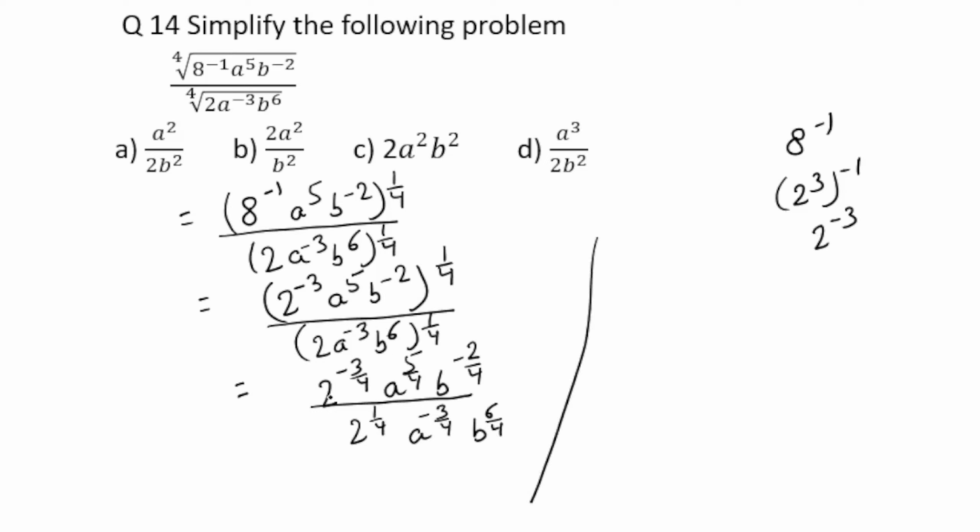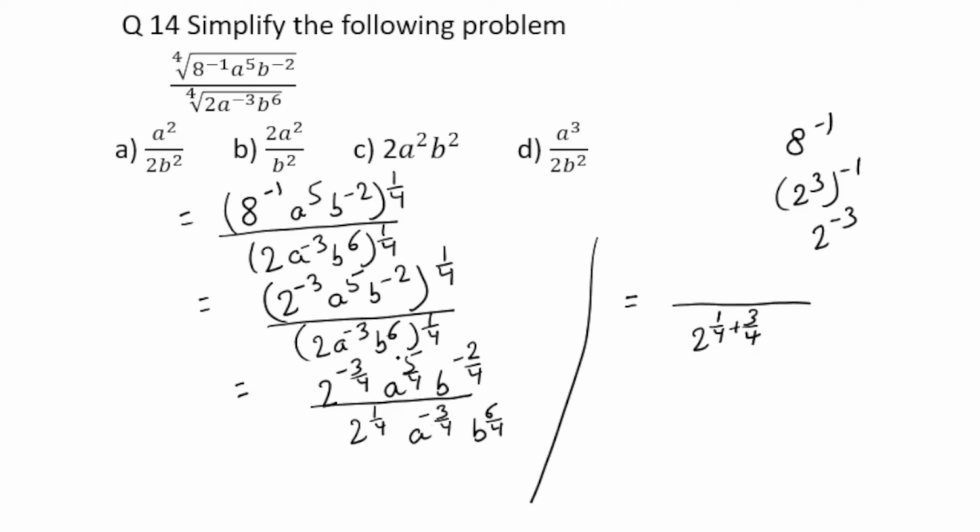Now on denominator we have 2 to the power minus 3/4. If we move this 2 to the power minus 3/4 to the denominator, it's going to be positive. That means 2 to the power 1/4 plus 3/4. On denominator we have a to the power minus 3/4.